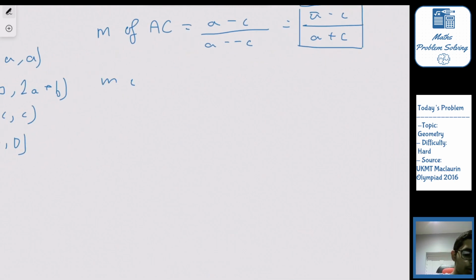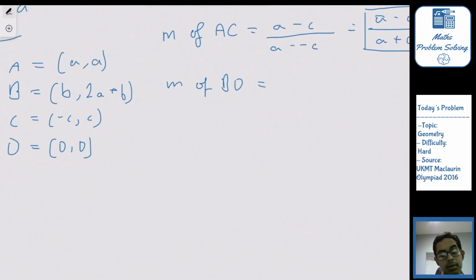So m of BO likewise equals the change in y divided by the change in x. That's going to be 2A plus B minus 0, but I won't write that since that's nothing, divided by B minus 0.